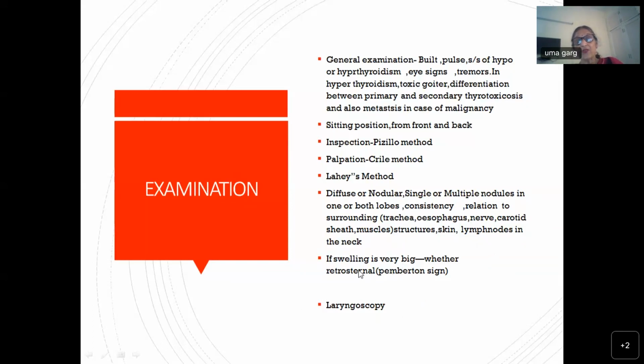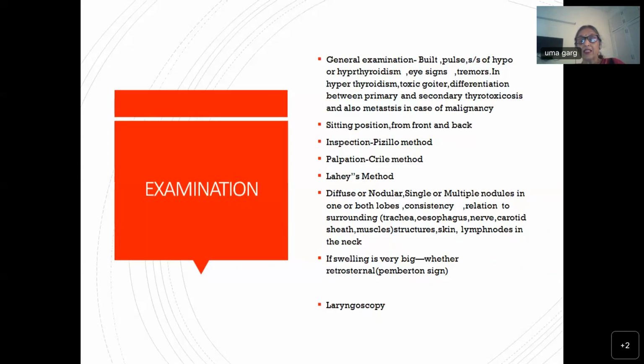If the thyroid swelling is very big, reaching the sternum, sometimes it may be retrosternal, going behind and beyond the sternum. And in that case, Pemberton sign is done, in which Pemberton sign is positive when the patient lifts his hands above his head on both sides of the ear, higher than the ear.